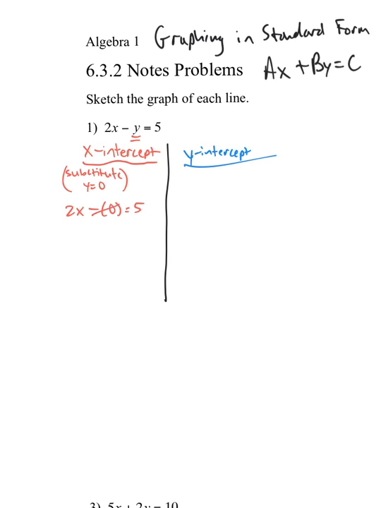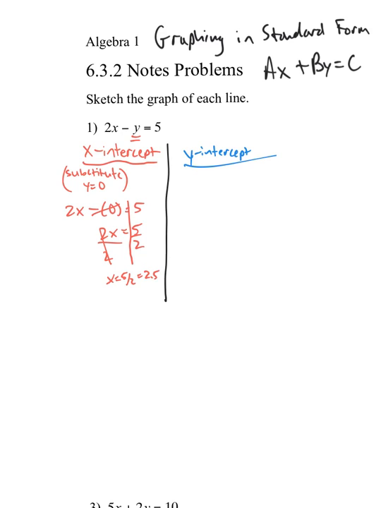So, guys, this is just 2x. Subtracting 0 from anything doesn't change it. So it's just 2x equals 5. Of course, then we're getting x by itself. We're dividing by 2. We've got x equals 5/2, or 5 divided by 2. That's 2.5 as well, if you prefer that as a decimal.